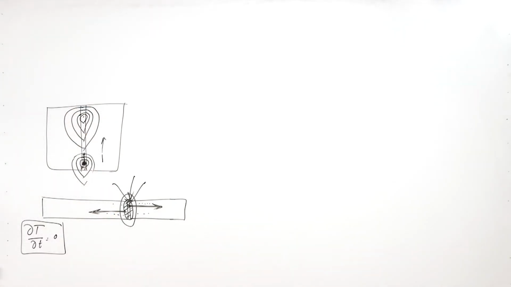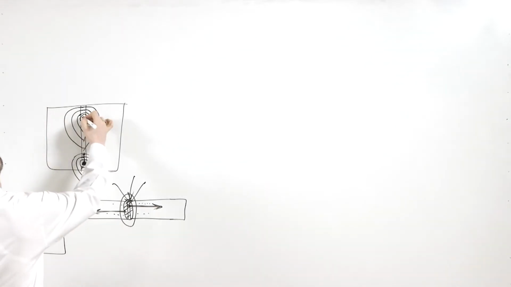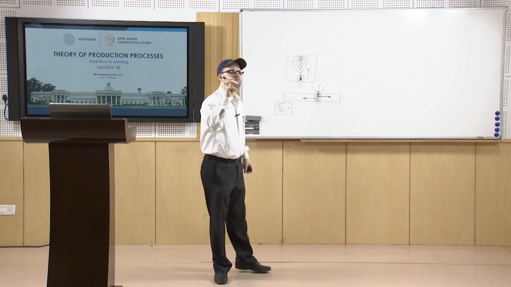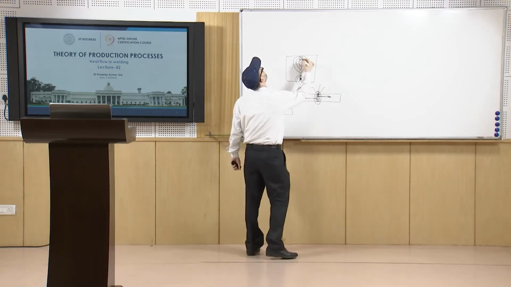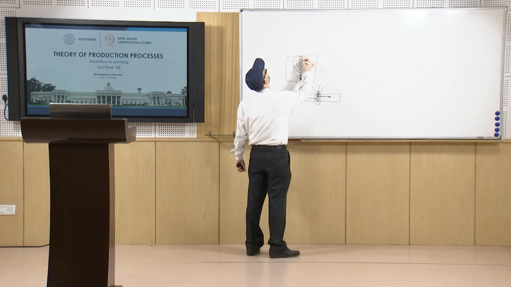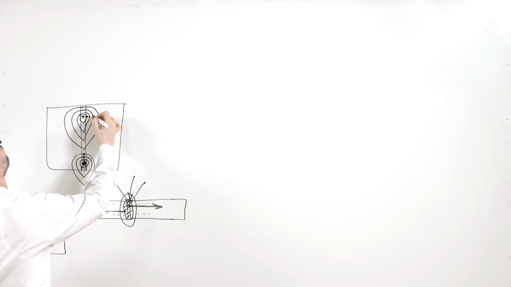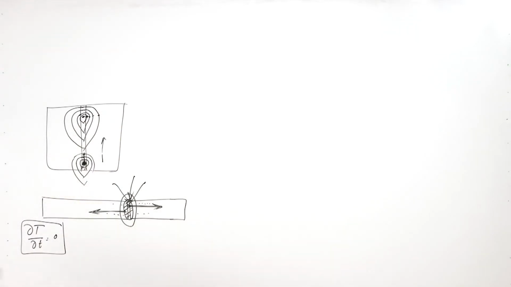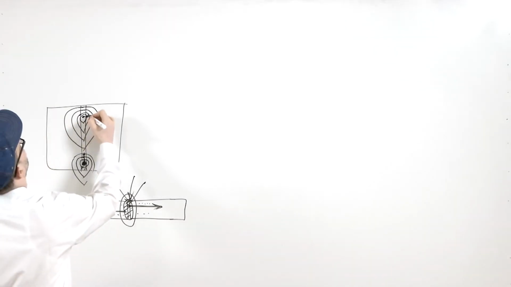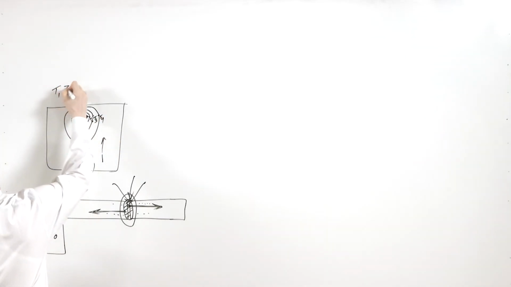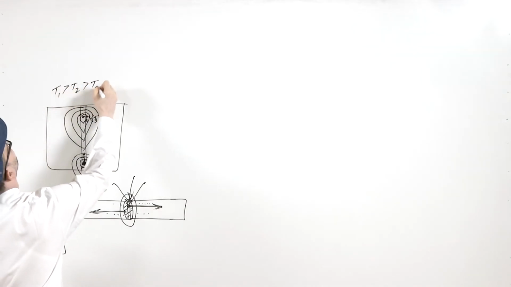If you look at this point where the heat source is, the weld pool is there at that particular time. At this point the temperature is highest. If you look at points 1, 2, 3 and 4, with temperatures T1, T2, T3 and T4, then T1 is greater than T2, greater than T3, and greater than T4.